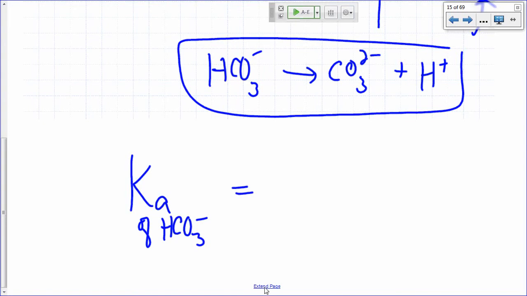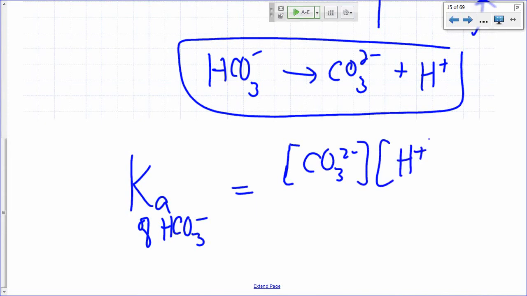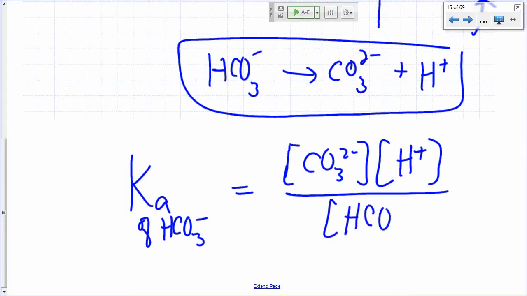The Ka of bicarbonate ion would be the concentration of carbonate times the concentration of H plus over the concentration of HCO3 minus, products over reactants, right? That's it, provided those values are at equilibrium. Otherwise, it's called your reaction quotient, right?